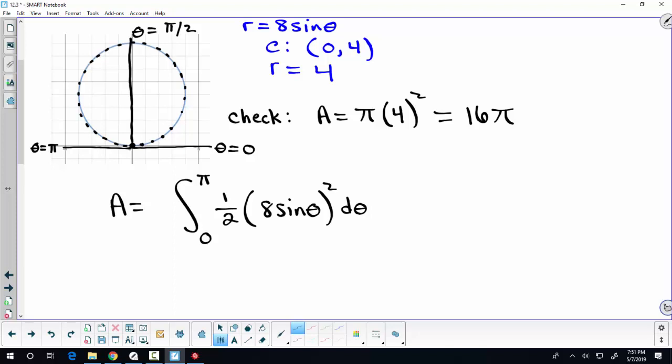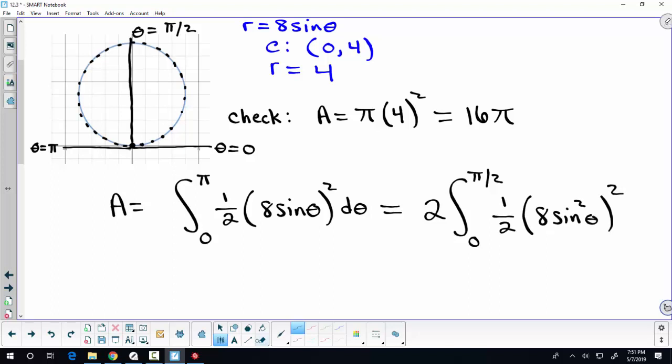Or we can utilize symmetry and say that this is equivalent to twice the integral from 0 to pi over 2, right? So we find half of the area of the circle and then we double it. Not squared yet.